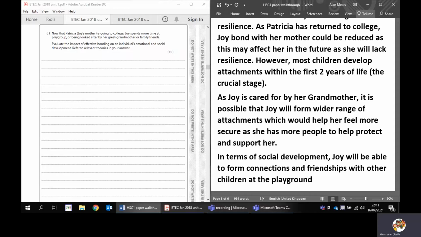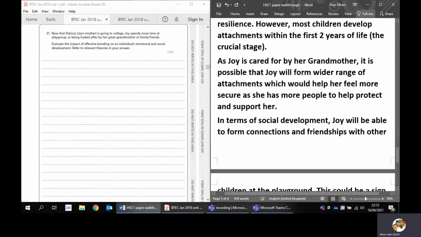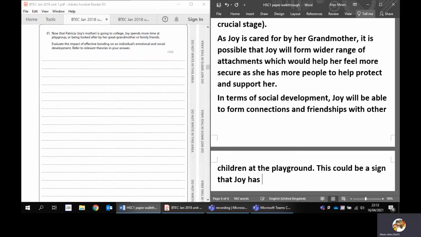Obviously, if we're thinking about Piaget and Bowlby and stages of play, it's around this time that children, about 2 years of age, are still in that solo play or associative play. But we could suggest that by going to playgroup, she will start to form connections, make friendships, which again is one of those signs of having a secure attachment, that you're able to go on and form friendships. So this could be a sign that Joy has formed secure attachments.